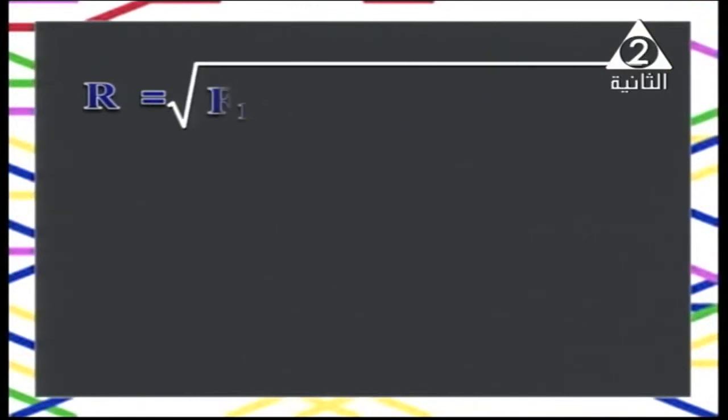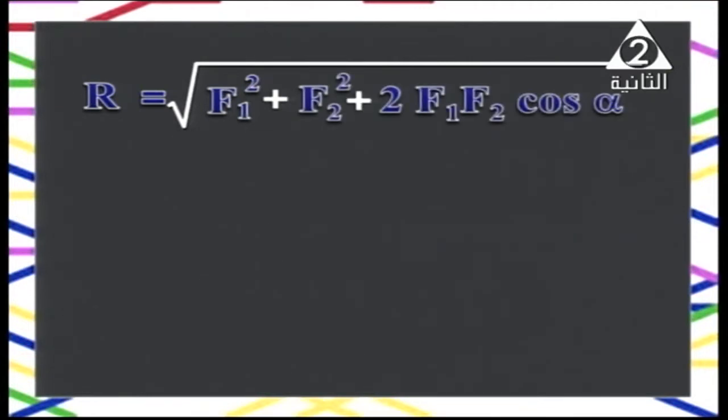The first, when we have two forces, F1 and F2, what is the resultant of the two forces? The angle between them is alpha. The resultant of two forces with angle alpha between them equals square root of F1 square plus F2 square plus 2 F1 F2 cosine alpha.